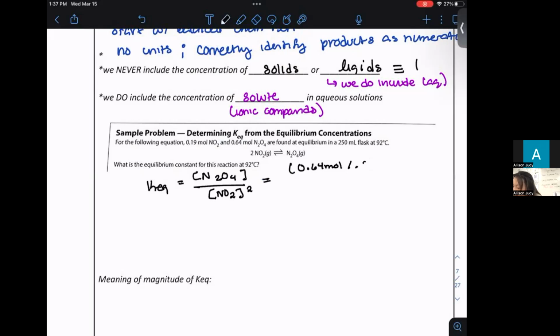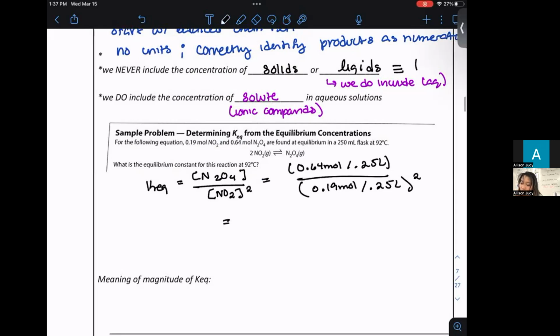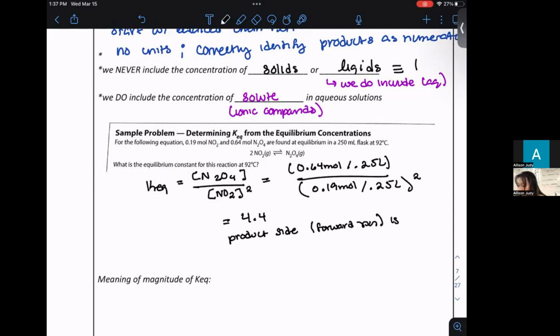That gives us the concentration of our product, all over 0.19 moles over 0.25 liters, and we square that value. You would get that our KEQ constant, no units, is 4.4, which means the product side, the forward reaction, is favored.